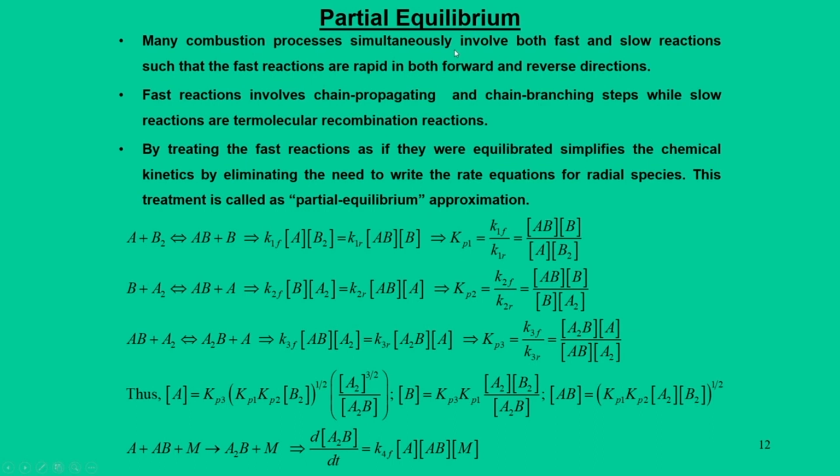Many times, complete equilibrium analysis may not be feasible in certain situations. Why? Because some reactions are very fast and some reactions are slow. Many times forward reactions are fast and reverse reactions are slow. That is because, for example, when you say intermolecular reactions, they are basically chain terminating mechanisms.